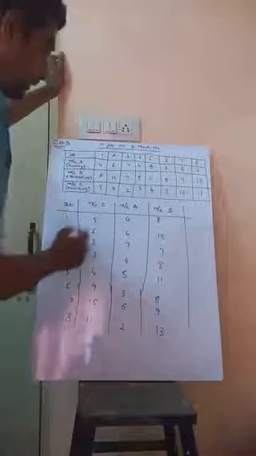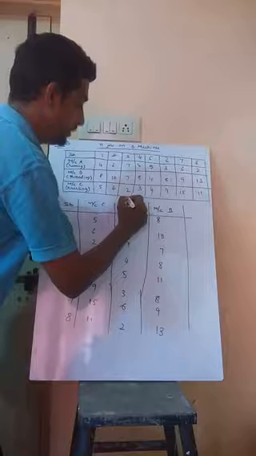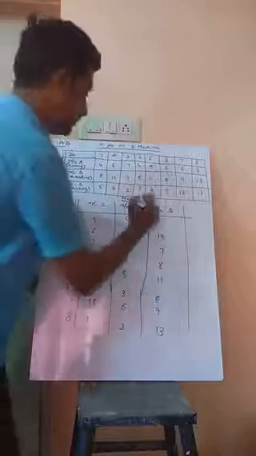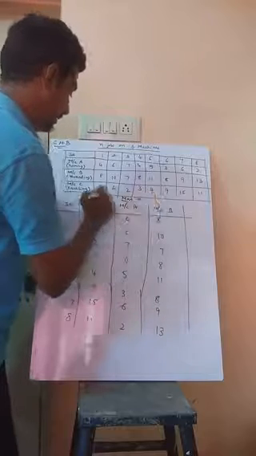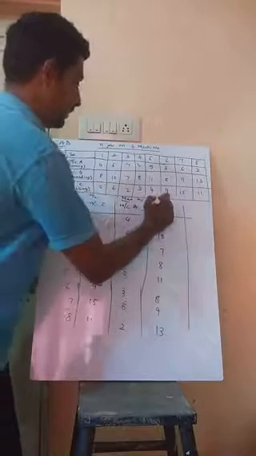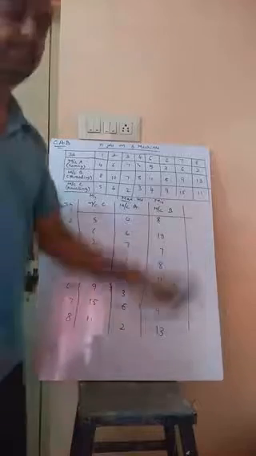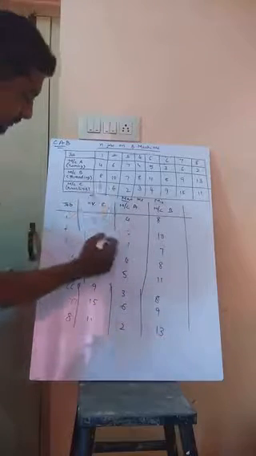We need to take the maximum value in the middle column, and the minimum in the other 2 columns, that is C and B. Here the minimum value is 2.